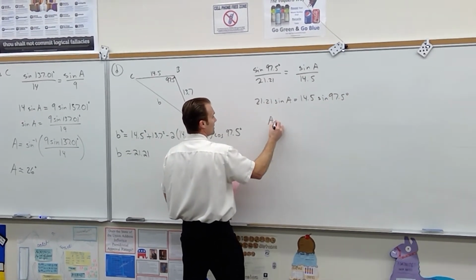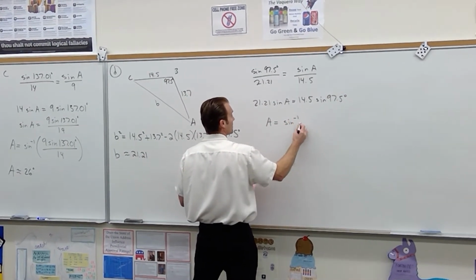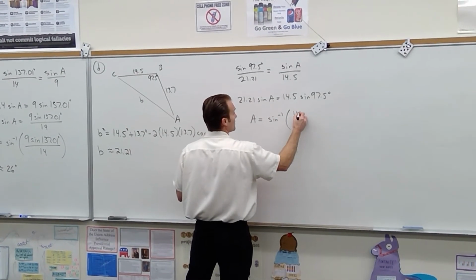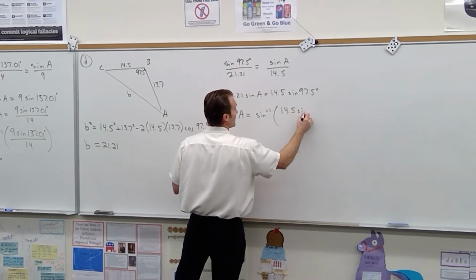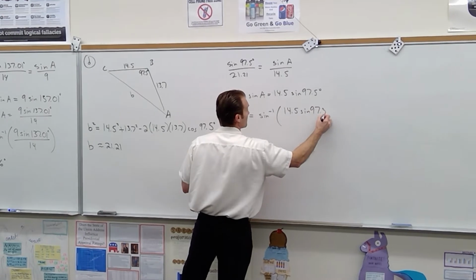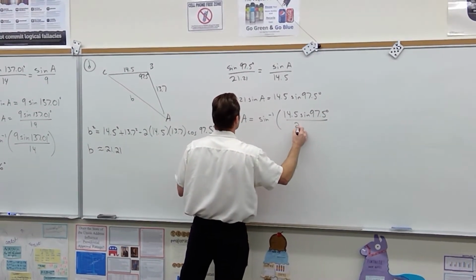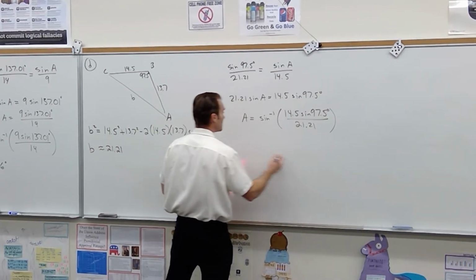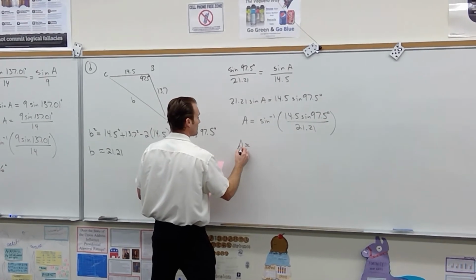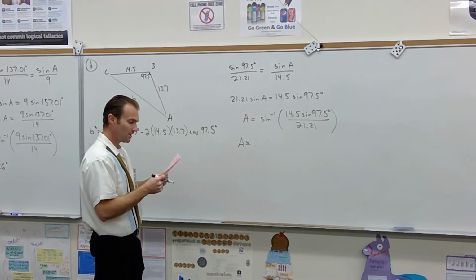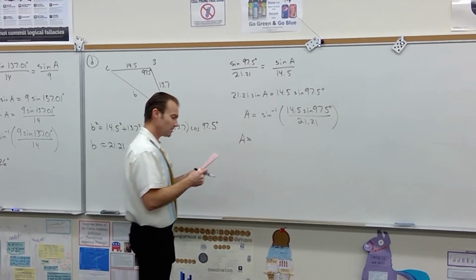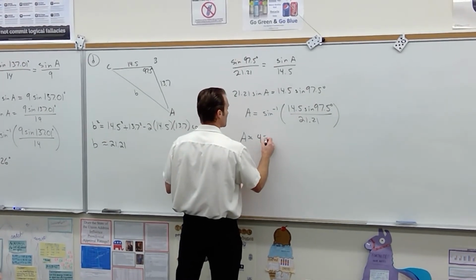So A is going to be the inverse sine of 14.5 sine 97.5 degrees over 21.21. So angle A will be approximately 42.67 degrees.